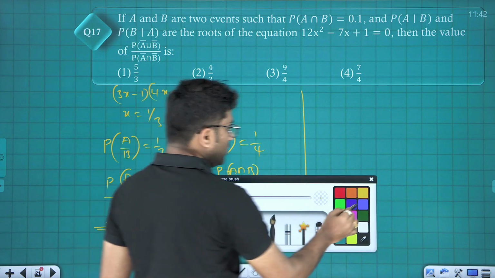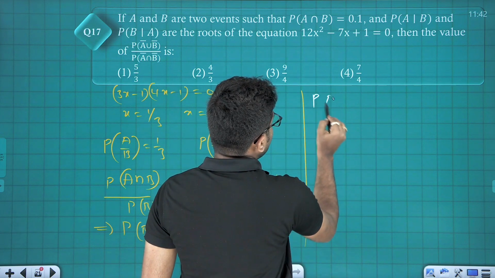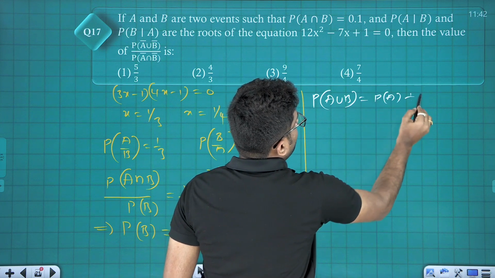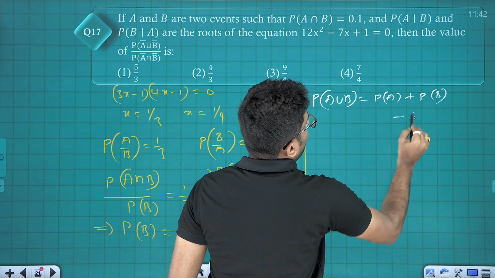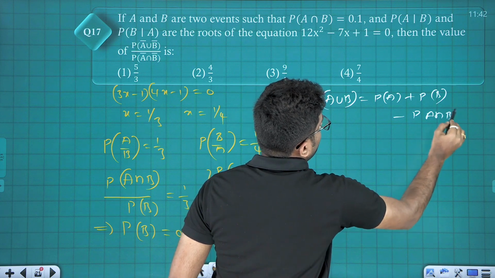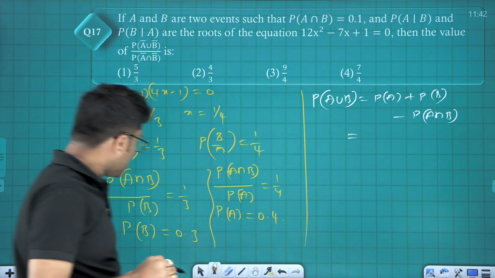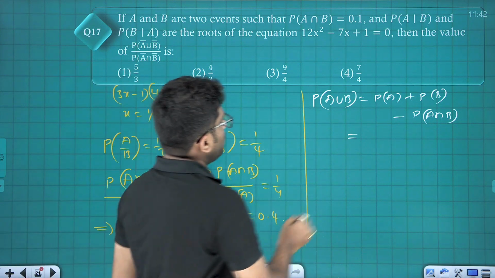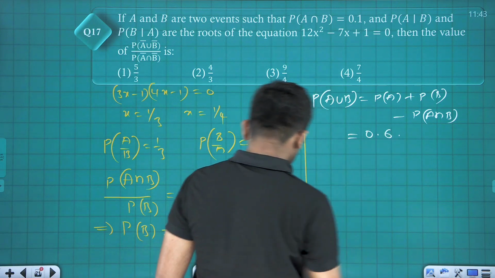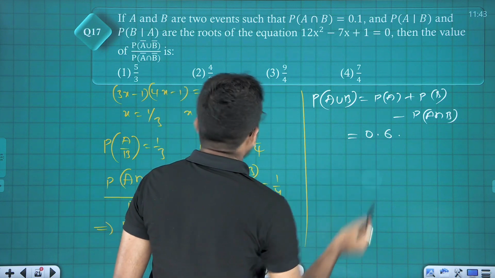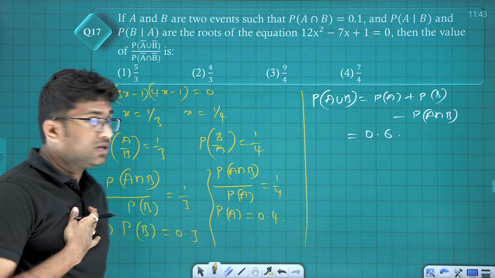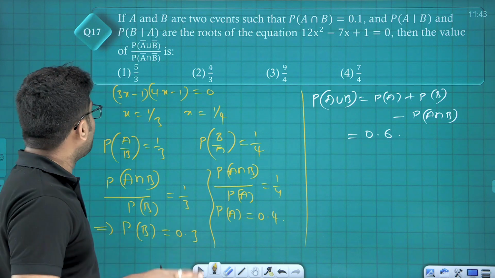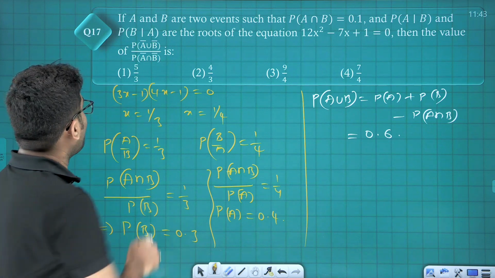Let's find P of A union B. P of A union B is P of A plus P of B minus P of A intersection B. P of A is 0.3 plus 0.4, 0.7, minus 0.1, which is 0.6. Clear, na? Now what is required is P of A complement union B complement divided by P of A complement intersection B complement.